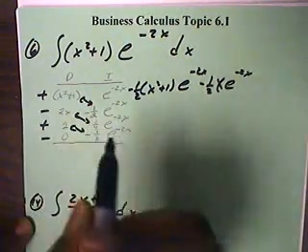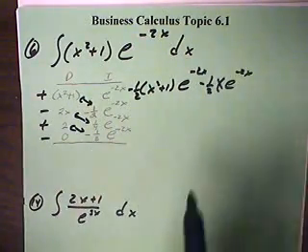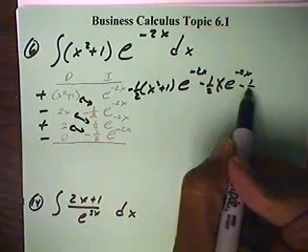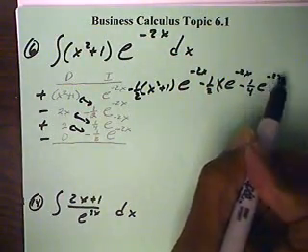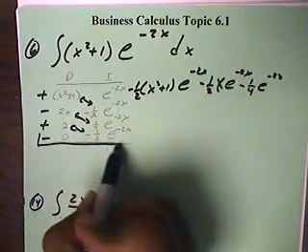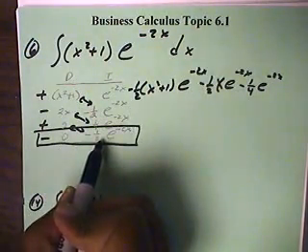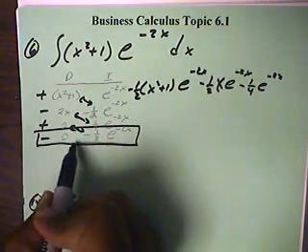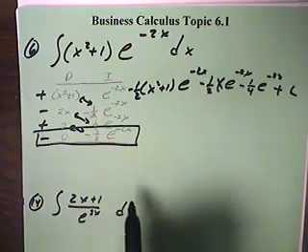The combination of these two will give us a negative 1/4, and an e to the negative 2x. This portion right here will be our integral. These two together make 0, and the antiderivative of 0 is a constant, so we'll say plus c there.